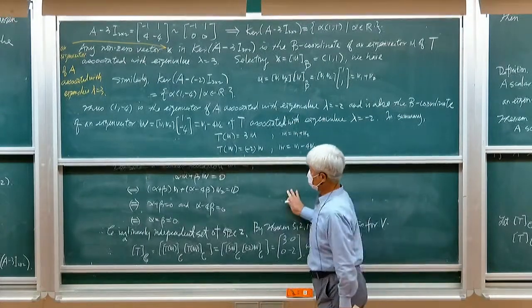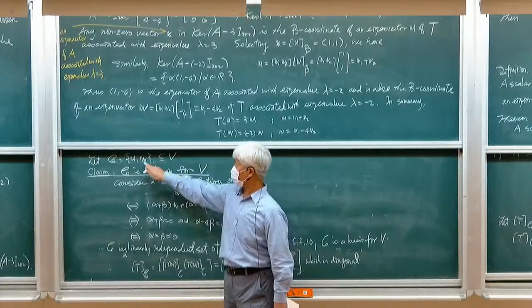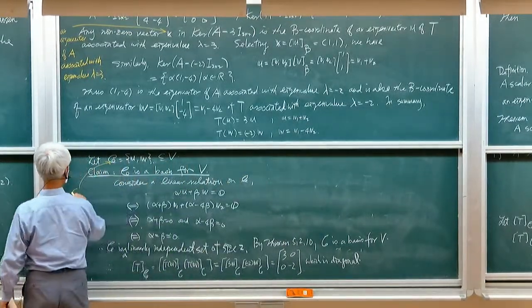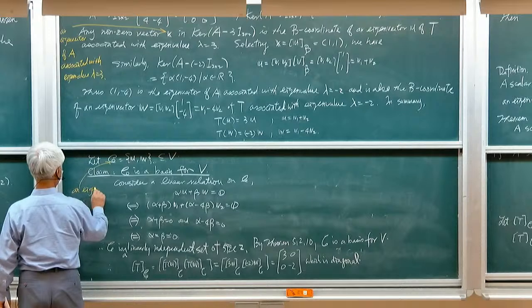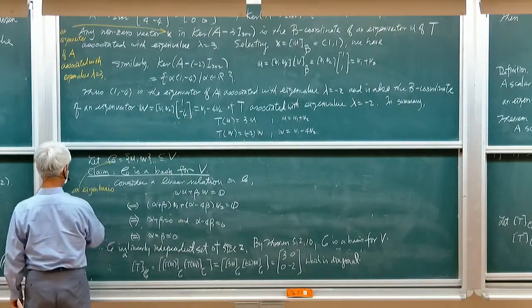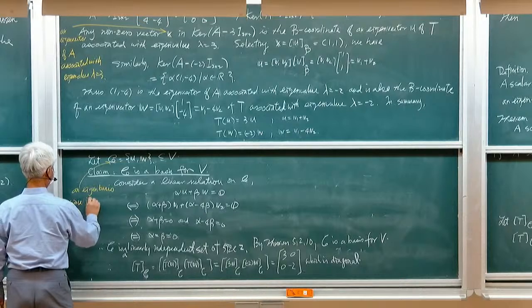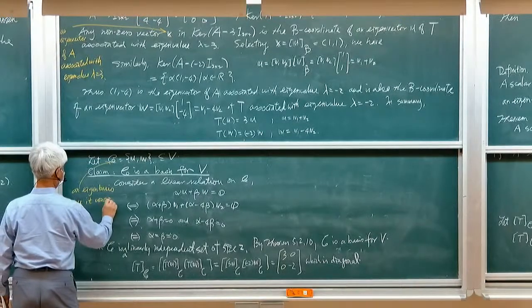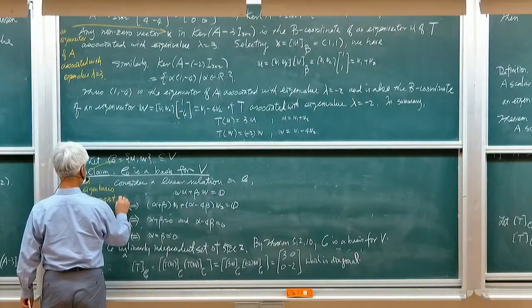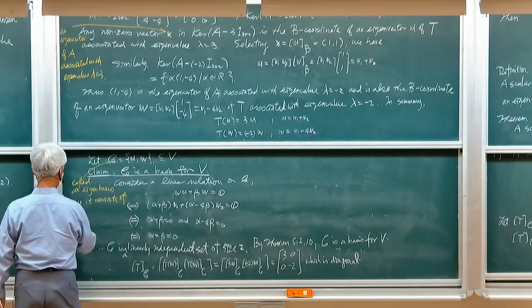Okay, so relative to this basis, we will call this an eigenbasis, since it consists of eigenvectors.